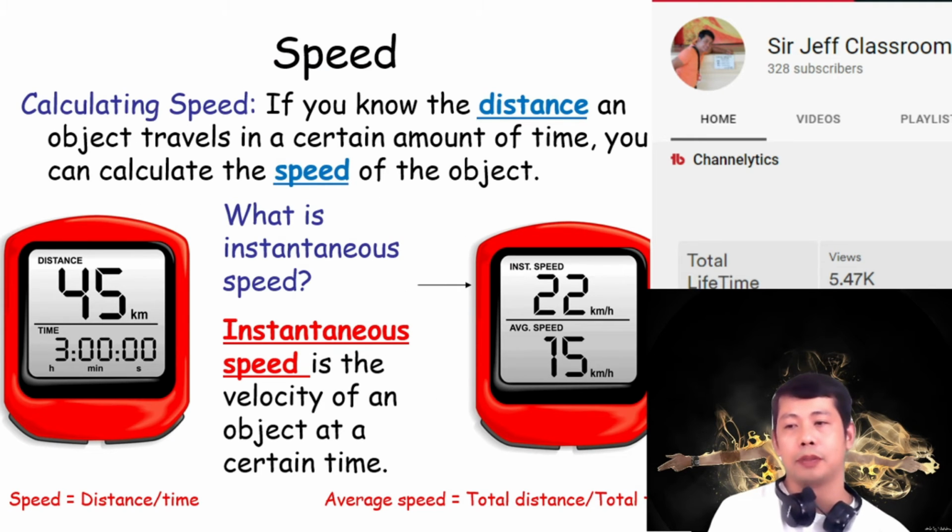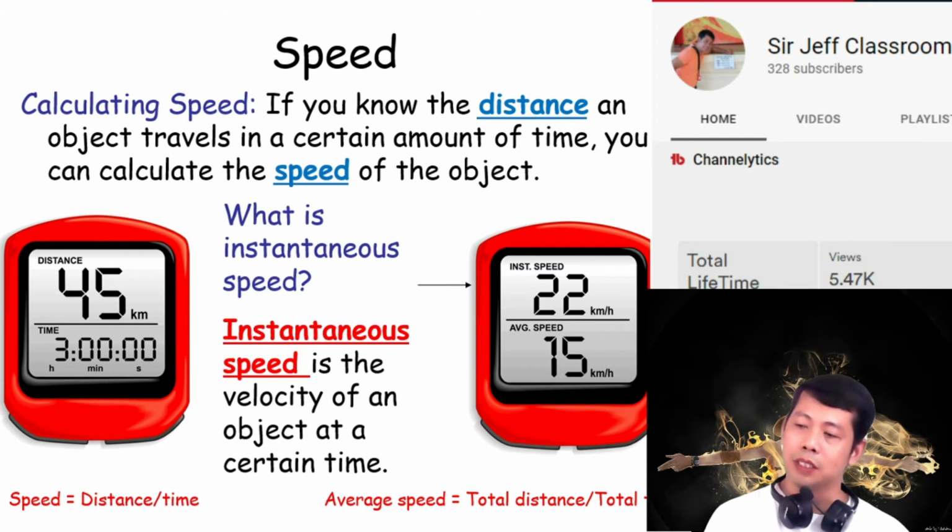Speed first. In calculating speed, if you know the distance an object travels in a certain amount of time, you can calculate the speed of the object. So you only need two things: distance and time. We also have devices usually used to measure the speed of a moving object. What we call this is the instantaneous speed. It is the speed of an object at a certain time, right?